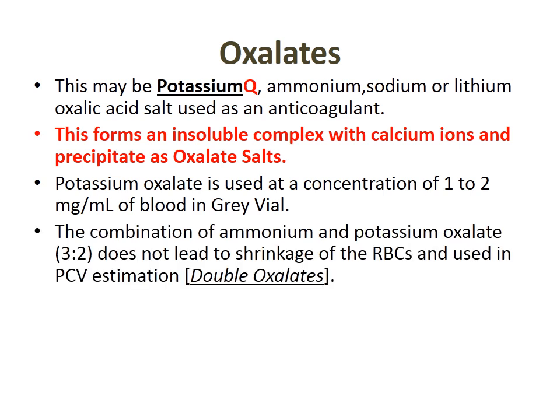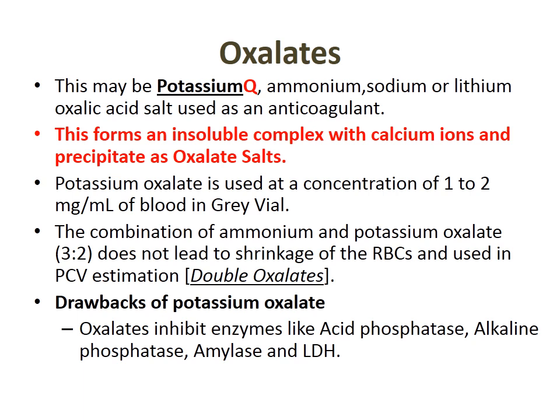The combination of ammonium and potassium oxalate in the ratio of 3:2 by weight does not lead to shrinkage of red blood cells or erythrocytes and is used in packed cell volume estimation. These are double oxalates. Oxalates are also used as an anticoagulant in quantification of ESR by Wintrobe's method. Drawbacks of the potassium oxalate: oxalates inhibit enzymes like acid phosphatase, alkaline phosphatase, amylase and lactate dehydrogenase.